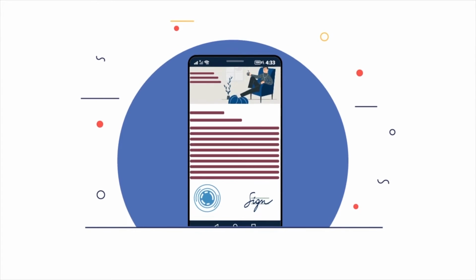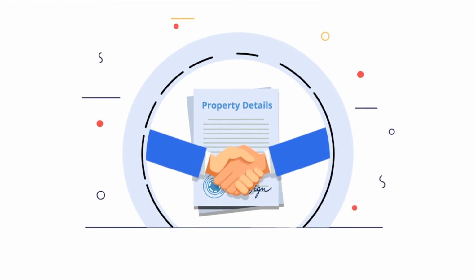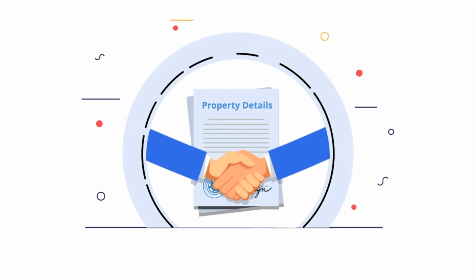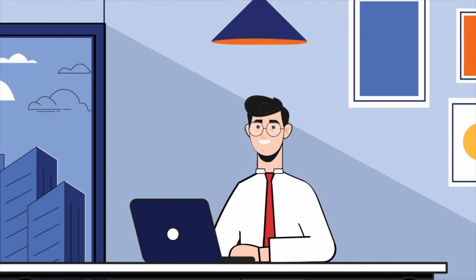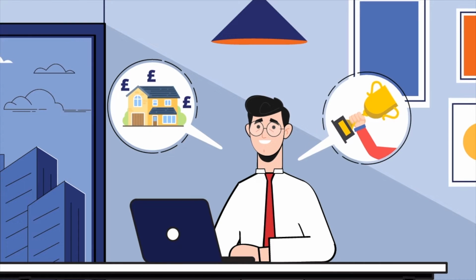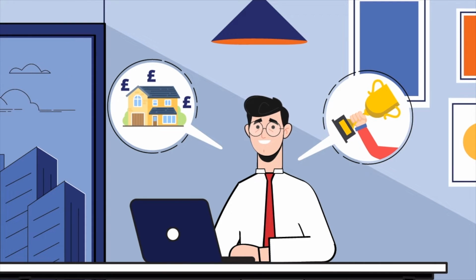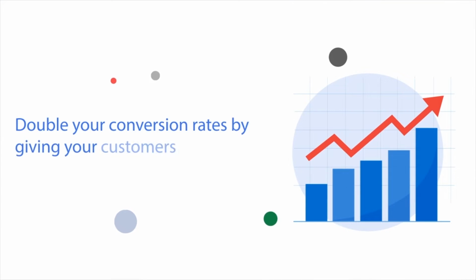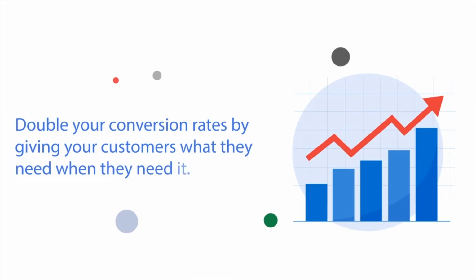Once the proposal is signed, Active Agent automatically sends all the necessary forms and signing pages. All that's left is to list the property and the deal is done, with as little hassle as possible on your end. Double your conversion rates by giving your customers what they need when they need it.